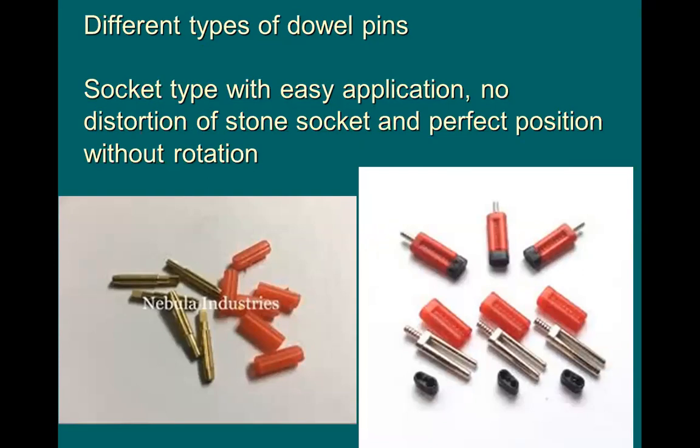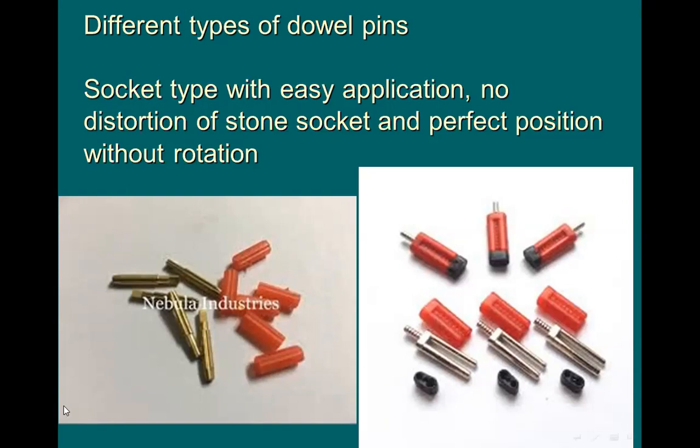And the other advantage of this socket is that it will not be distorted, and there is no possibility of friction like the stone, which makes the socket of the dowel pin wider and wider by the continuous removal and insertion of the dowel pin.